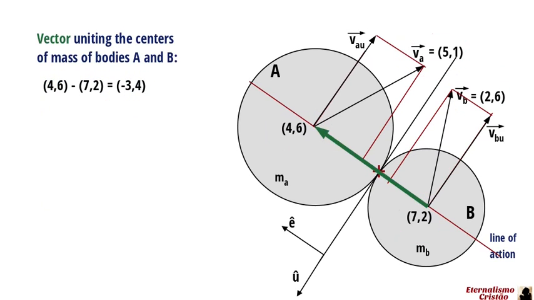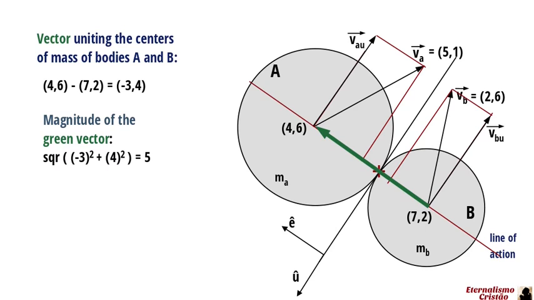Begin with the vector uniting the centers of mass of bodies A and B. You must find its magnitude, in order to have the coordinates of the corresponding unit vector.